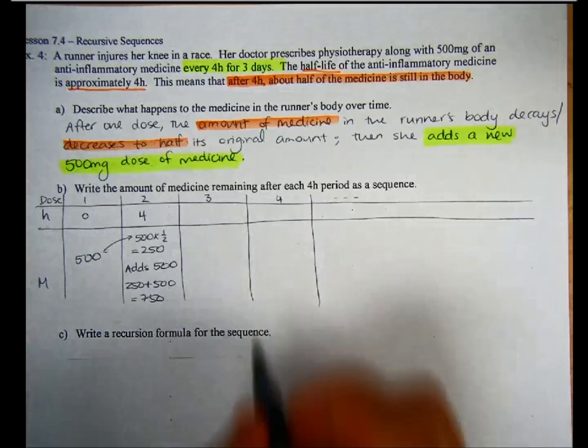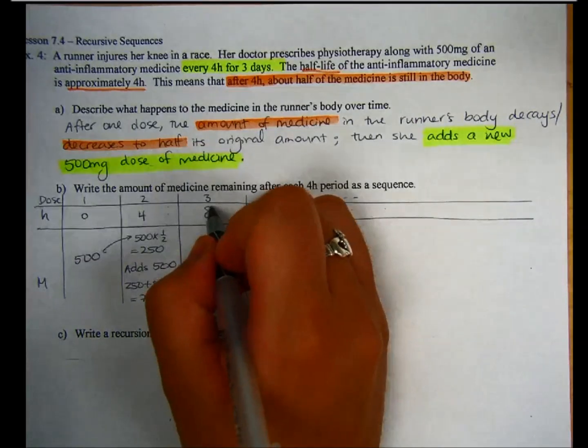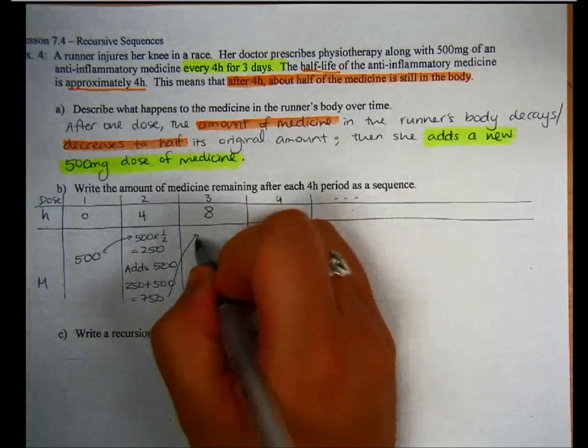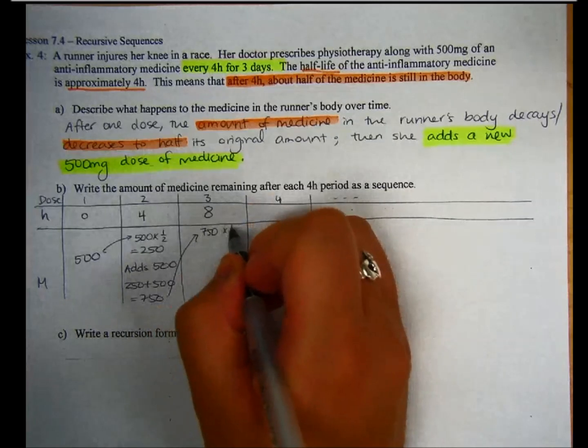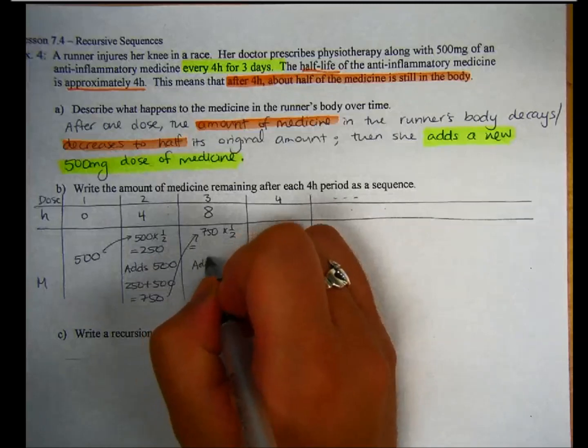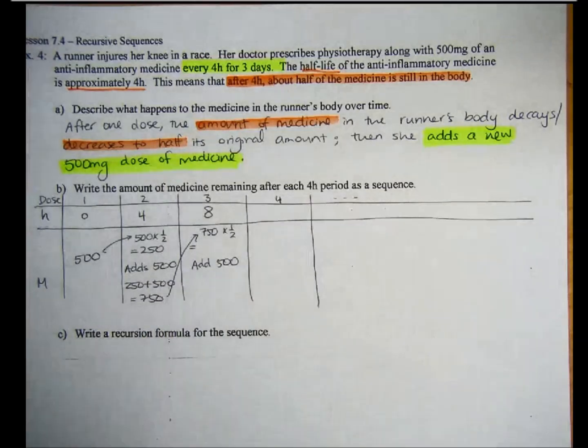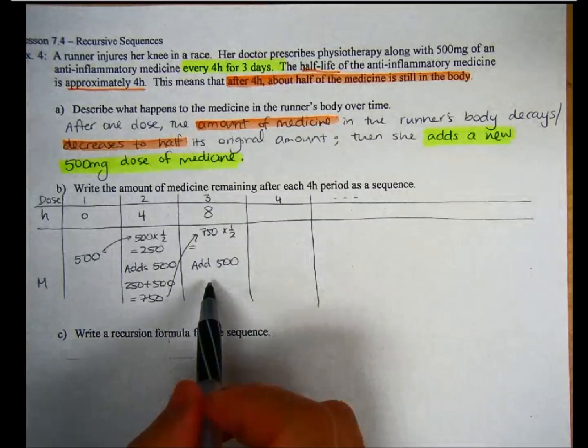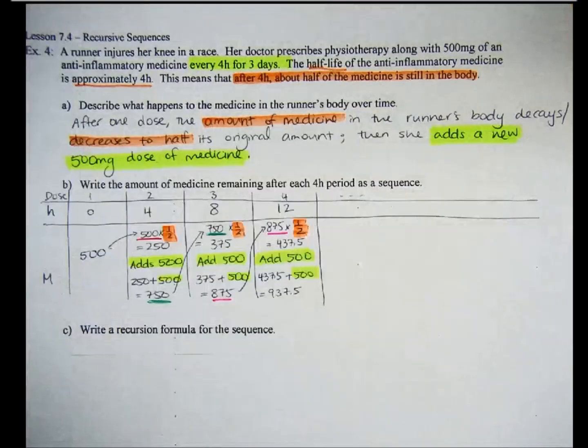Repeat this pattern for the third dose. So 8 hours have passed. So this 750 gets multiplied by half, and then we have to add the 500 afterwards. Pause right now, fill in the rest of the table for 3 and 4.